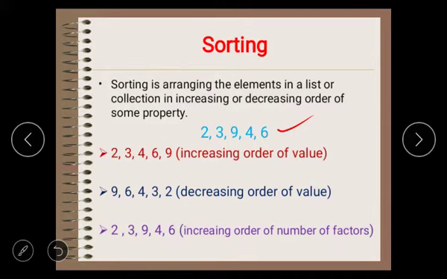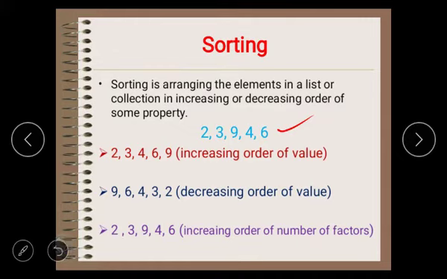If you see, the first number is 2. The 2 has only two factors. What are those? 1 and 2 itself, right? And 3 has only two factors. What are those? 1 and 3 itself.